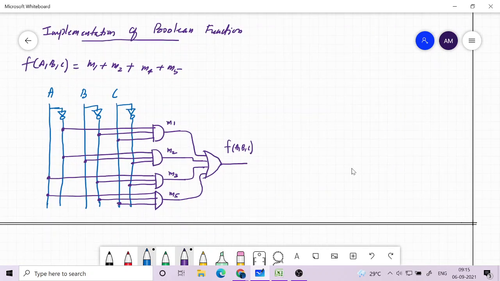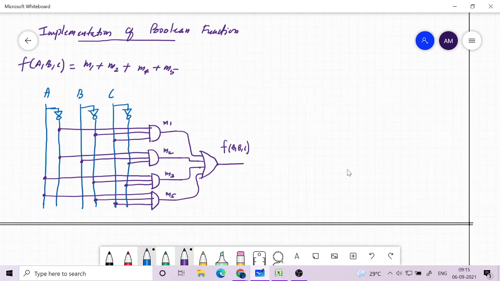Now alternatively you can use the canonical POS form. So this is also equal to M0 dot M3 dot M6 dot M7. Same way I can implement the POS form also.